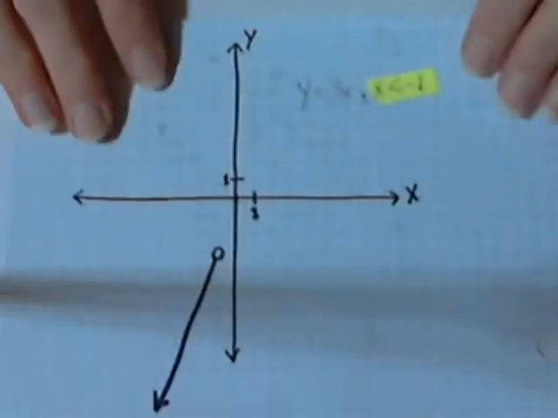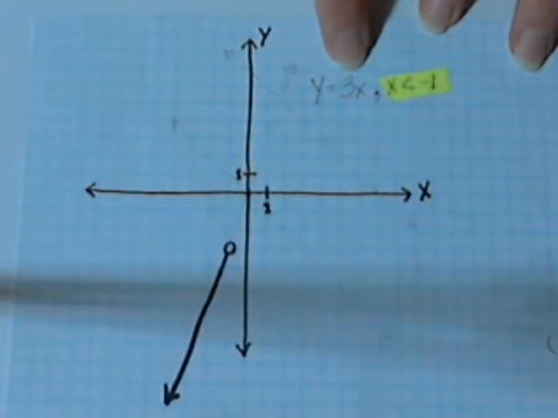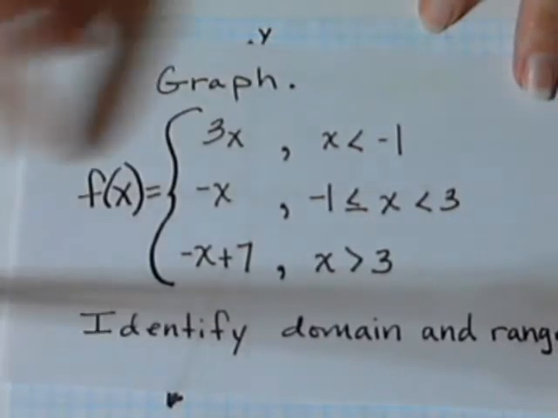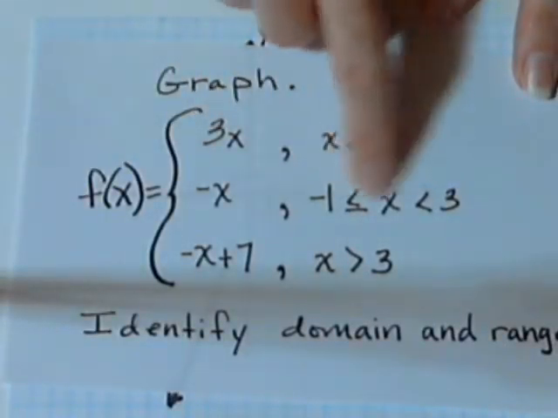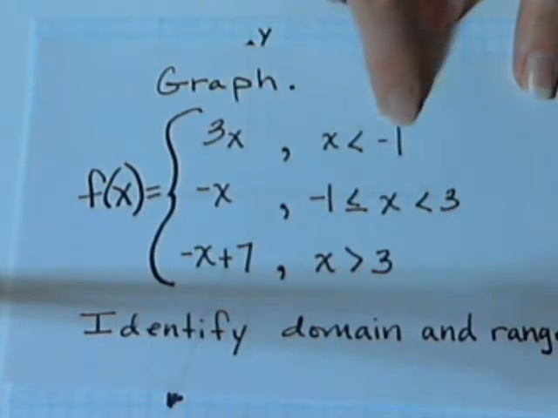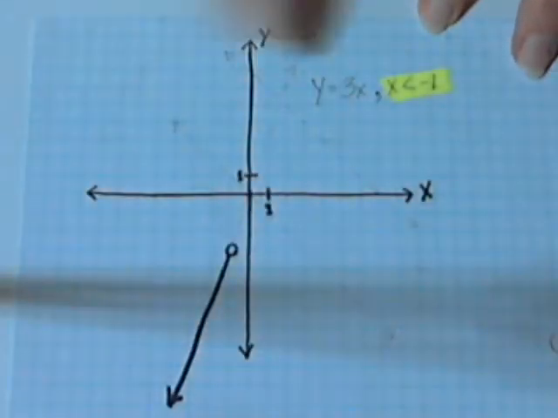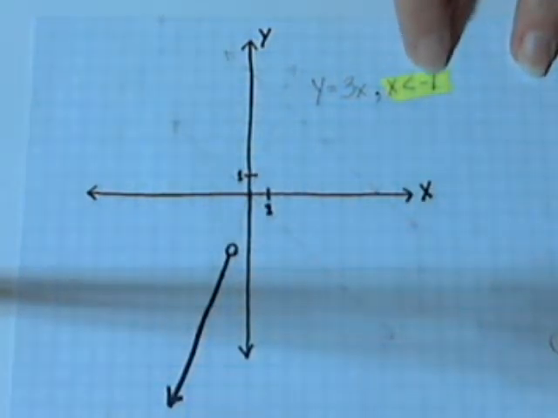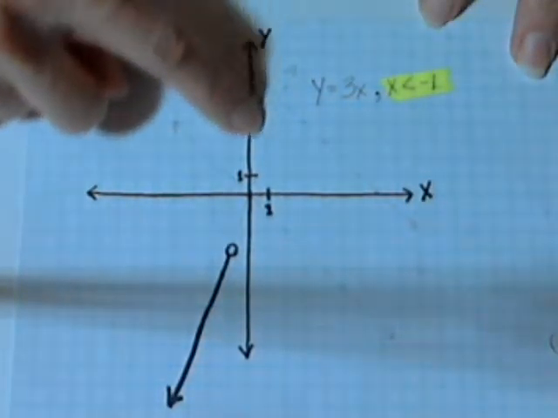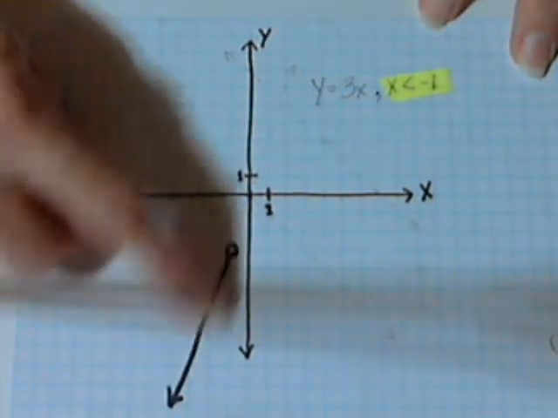So let's go back and think about our very first line, y equals 3x. At the beginning, we had f of x with these requirements: 3x, x is less than negative 1. So as far as our graph is concerned, x is less than negative 1. Here's this line that goes through 0 with a slope of 3.